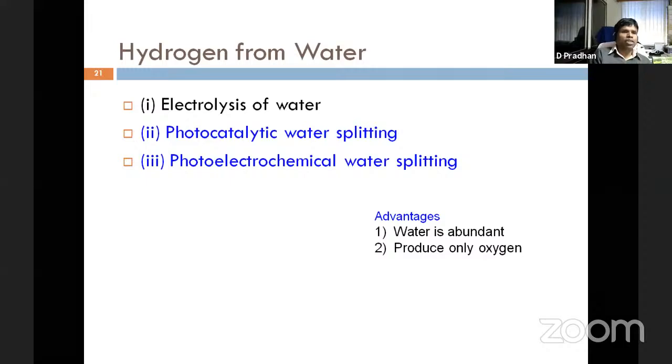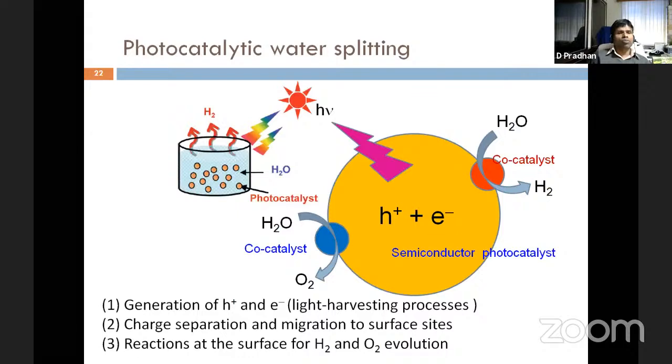But my talk here is on photocatalytic water splitting and photoelectrochemical water splitting. Just for those undergraduate students who are here or who have no idea about it, you simply take a semiconductor photocatalyst. A semiconductor, as you know, has a finite band gap. Metals do not have a band gap, as the valence band and conduction band overlap each other.